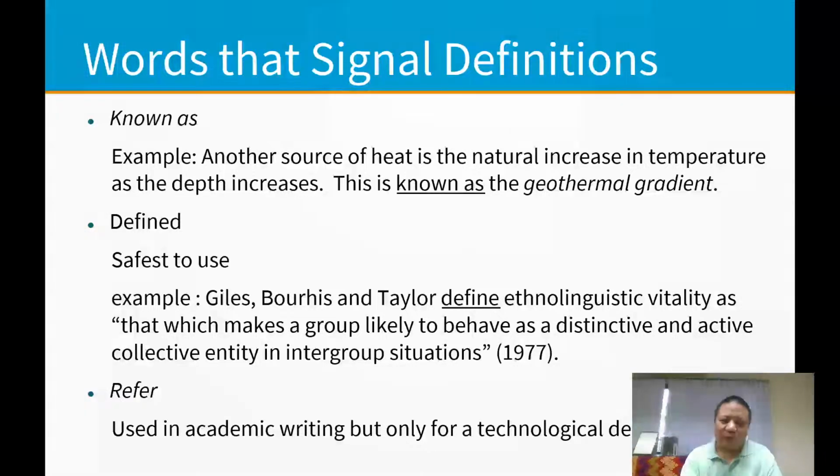For example, Giles, Borges, and Taylor define linguistic vitality as that which makes a group likely to behave as a distinctive and active collective entity in intergroup situations. We also have the word refer, but the word refer is used in academic writing only for a technical definition.